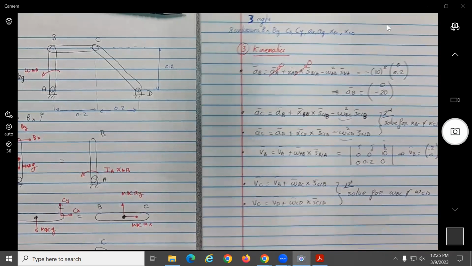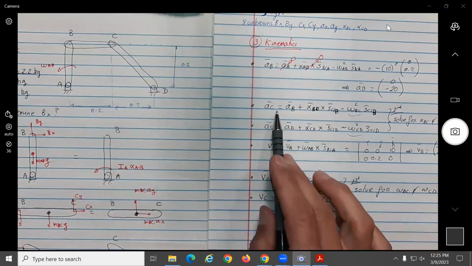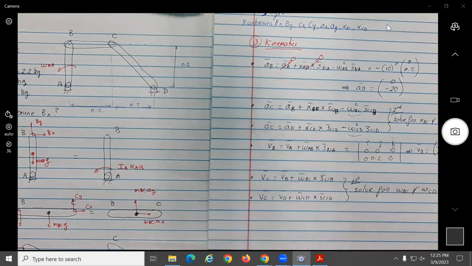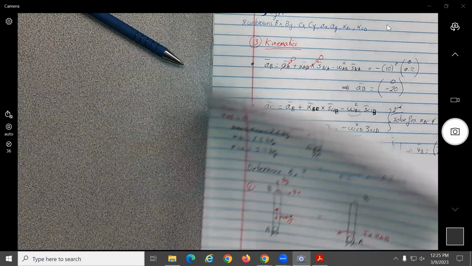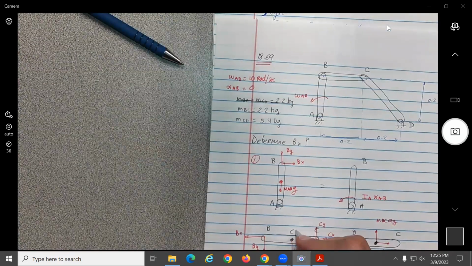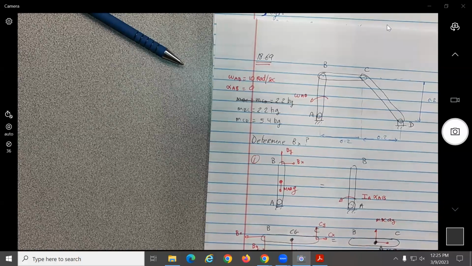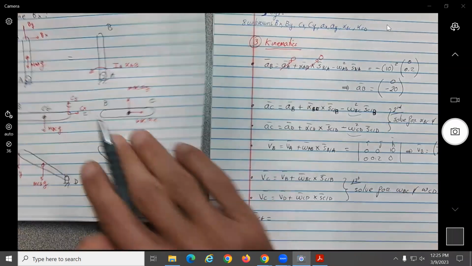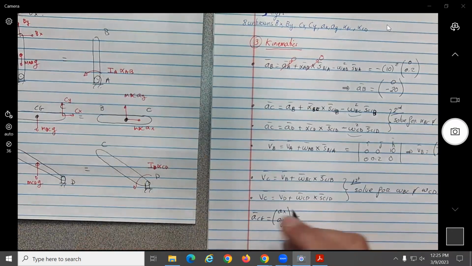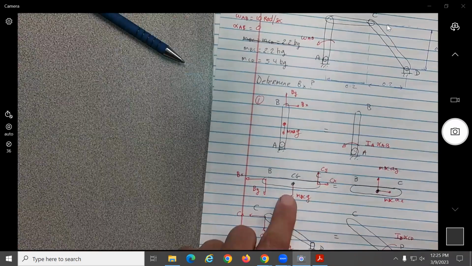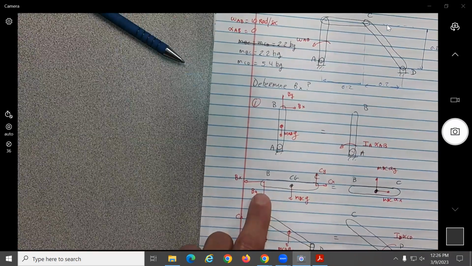But now you don't need AC or AB. What do you need? You need the acceleration of which point? At the CG over here, no? Yes? Which is really what we call here AX, AY. So now you can calculate the acceleration at this point from either point B or point C, no?